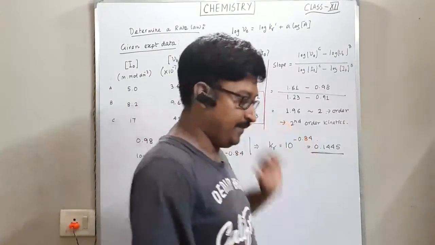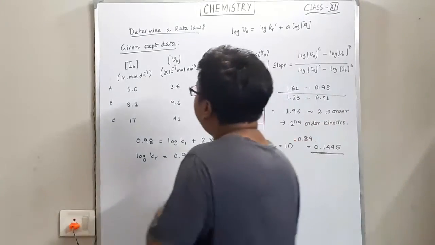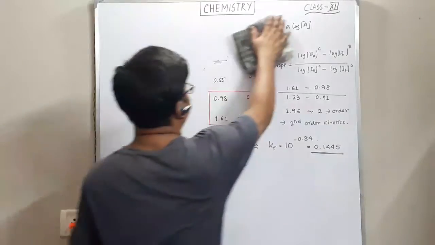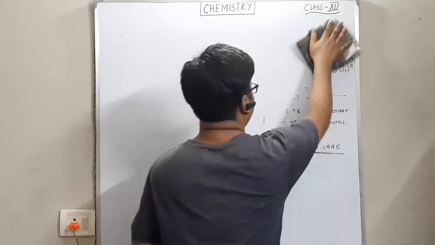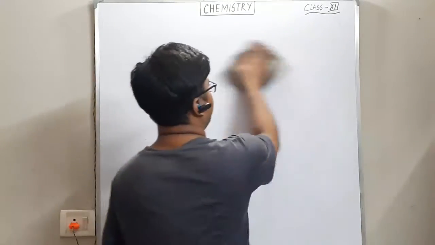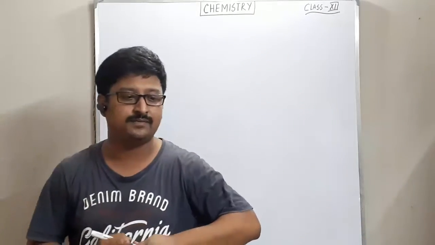Okay. Now let me tell you one very interesting thing about a reaction. Let's say you have a reaction and that reaction is a multi-step reaction. It's a multi-step reaction.